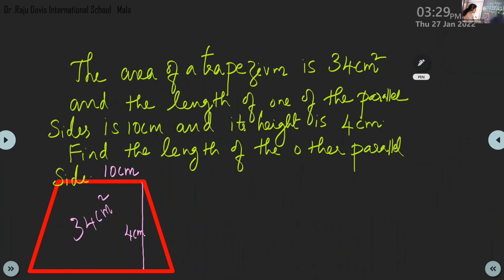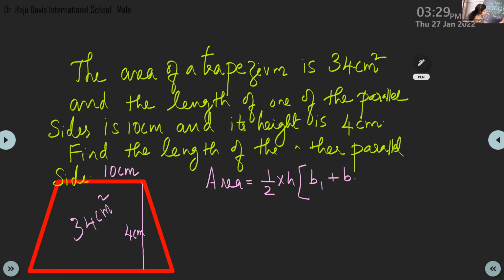Height is given as 4 centimeter. Find the length of the other parallel side. So how will you find out? Area is given, so area is equal to half into height into base 1 plus base 2.